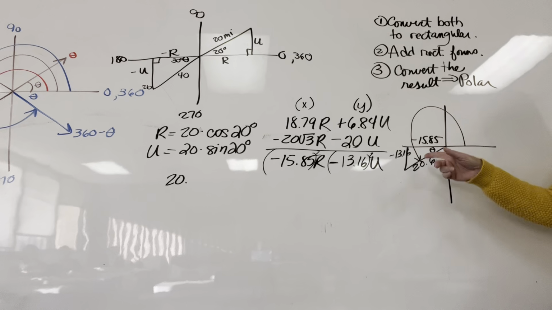You see that? In the third quadrant, the tangent is positive. In the fourth quadrant, the cosine is positive.